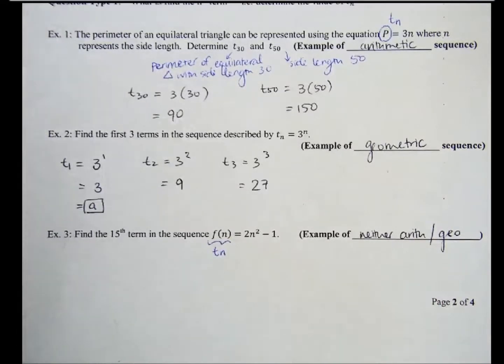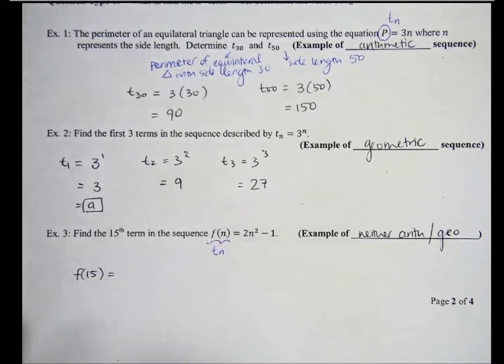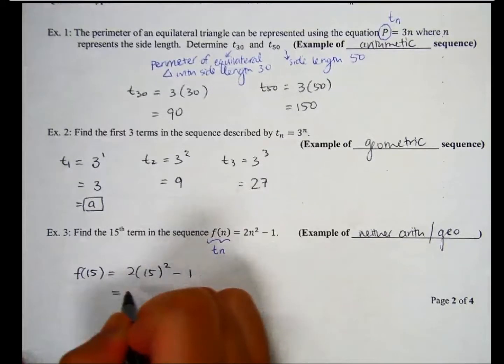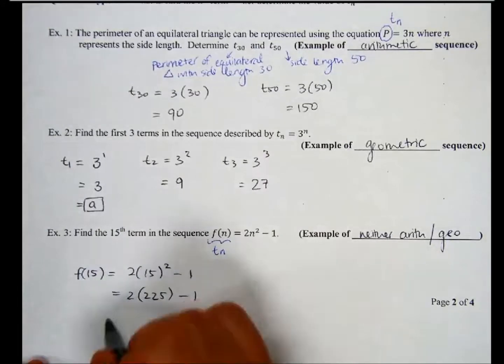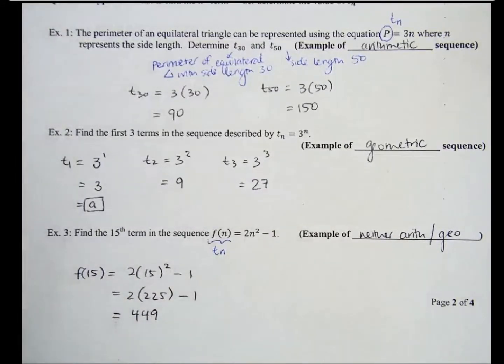That's okay, so that doesn't stop us from finding the 15th term. All we need to do is sub in 15 for n. So 2 times 15 squared minus 1, 2 times 225 minus 1. And that gives us 449 as the 15th term.